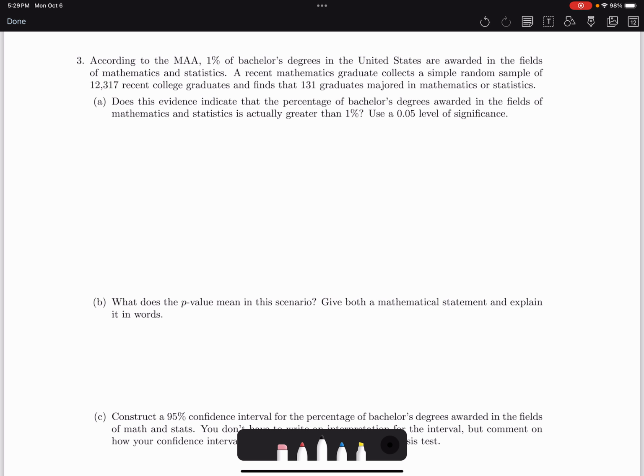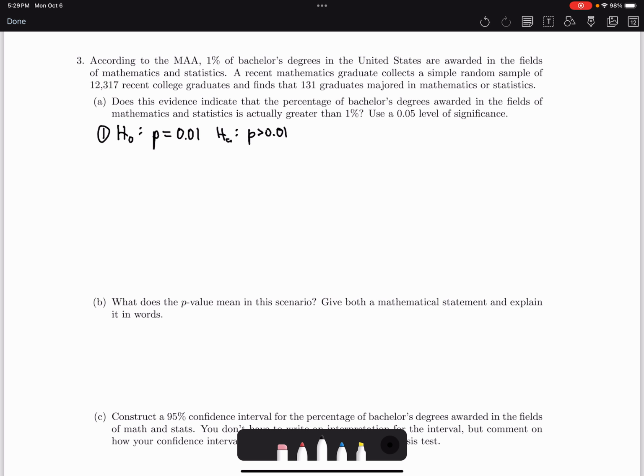Okay, here's my solution. So we're definitely going to be testing proportions, right? We want to know if the percentage is greater than 1%. Well, that's the same as a proportion. The null hypothesis is that the proportion is the same as what the MAA claims, 1%. The alternative is that it's greater, right? This is what the student thinks.